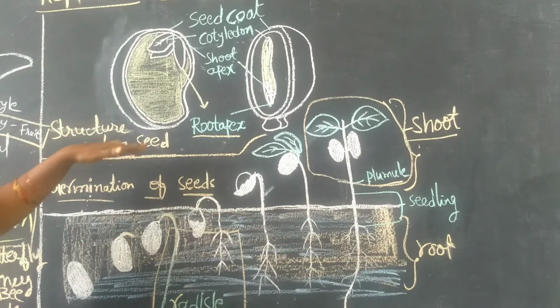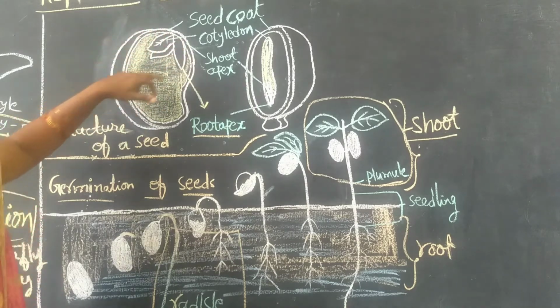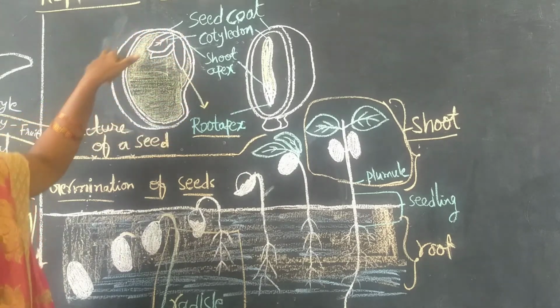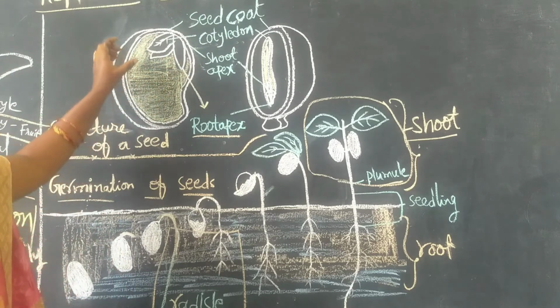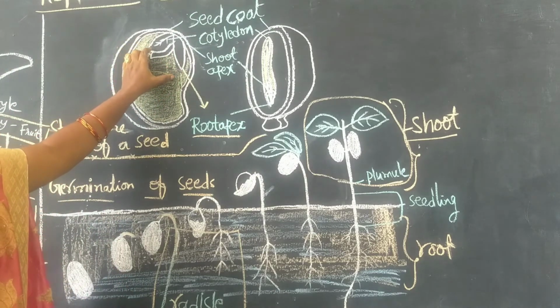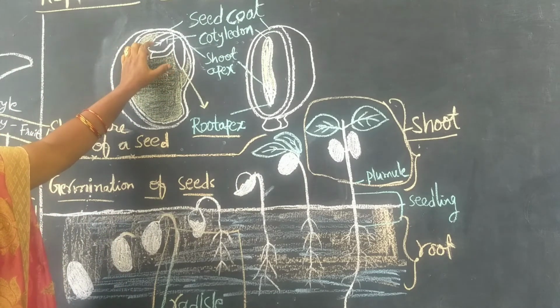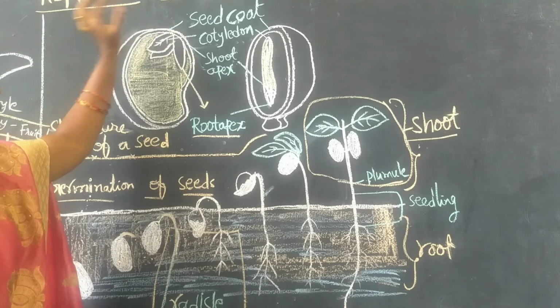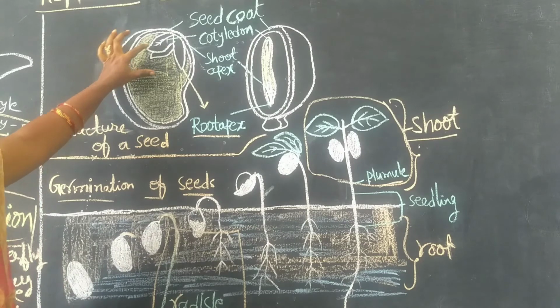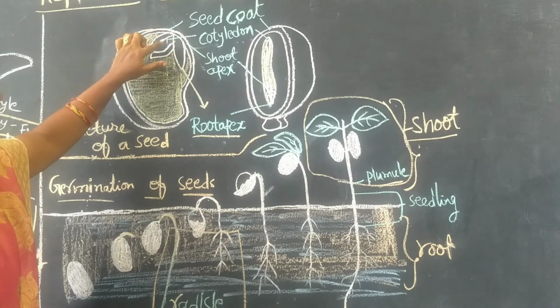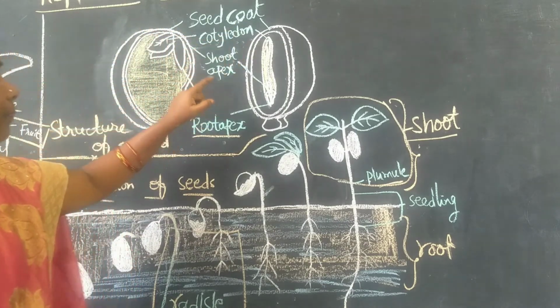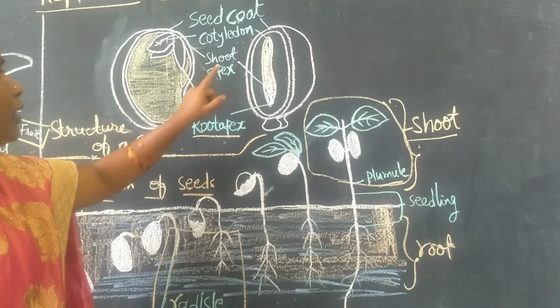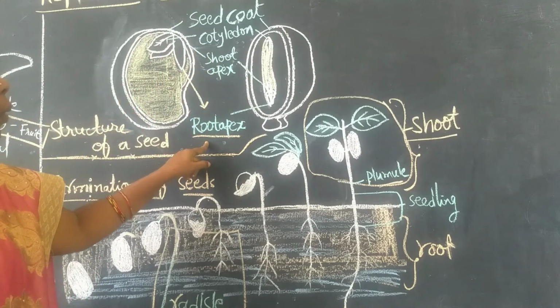Again, the structure of a seed. This external covering is called seed coat. There is a hole that absorbs water. Two parts are there, called cotyledon. This is called shoot apex, this is called root apex.